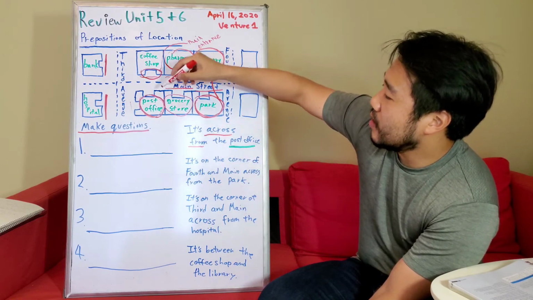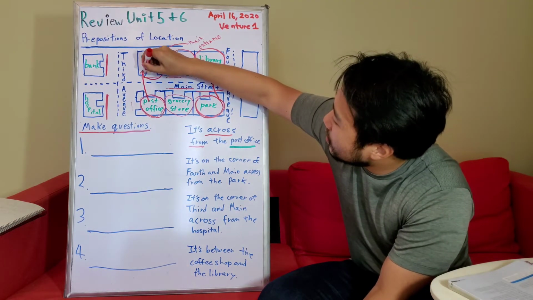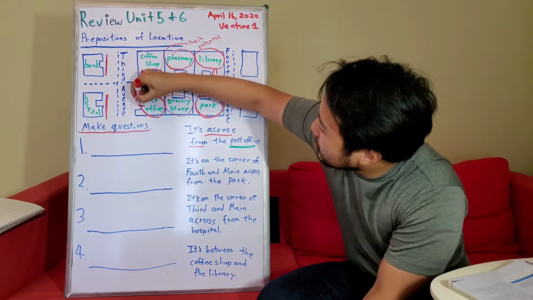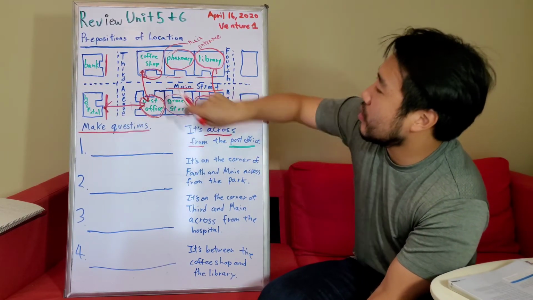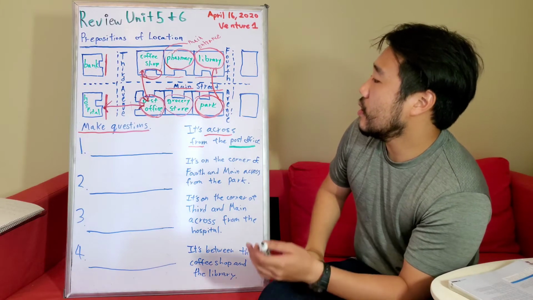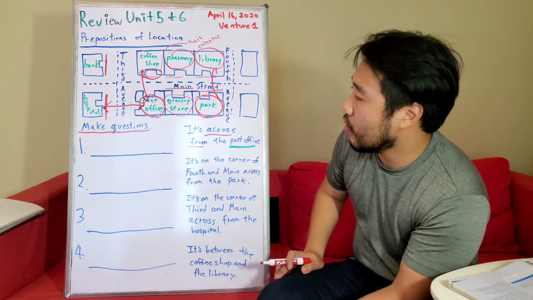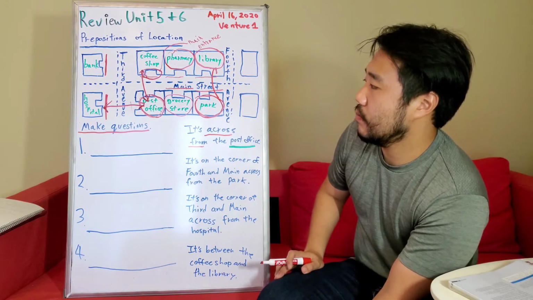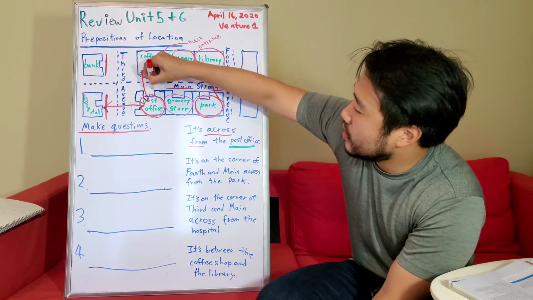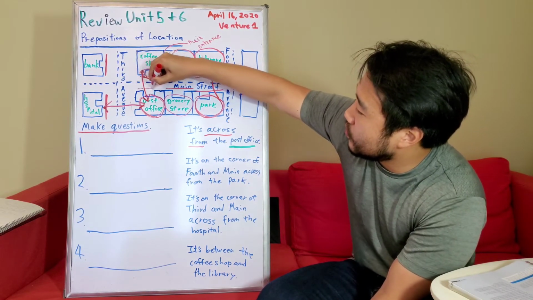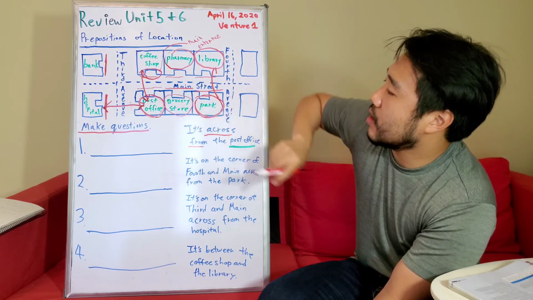So if we say across from the post office, it can be this way and this way. So it can be the hospital, coffee shop. So the question that I can say is, where's the hospital or where's the coffee shop? Okay? But if there was only a main entrance on this side, then this side would be the front, and the correct answer would be, where is the coffee shop?